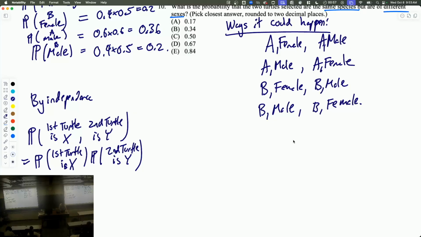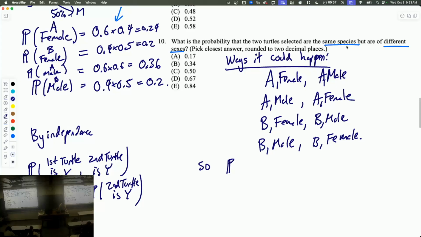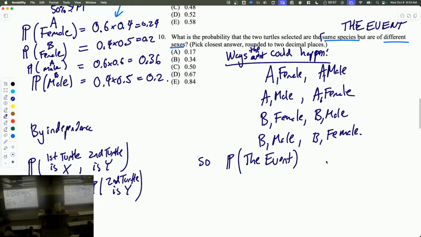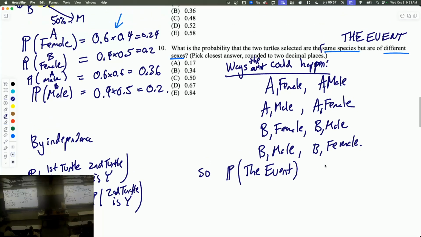Let's call this thing the event. So the probability of the event is the sum over 4 things, and each thing is a product of 2 numbers, and the 2 numbers I import from over here.